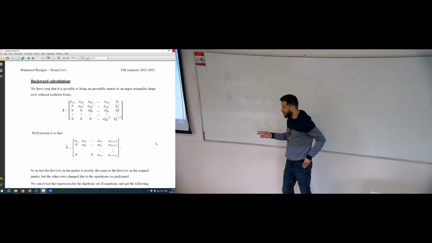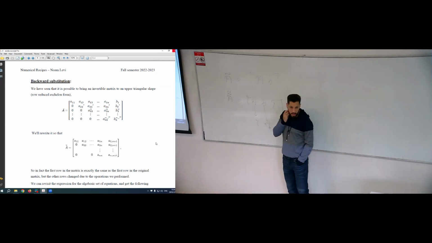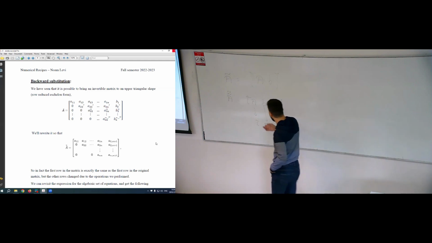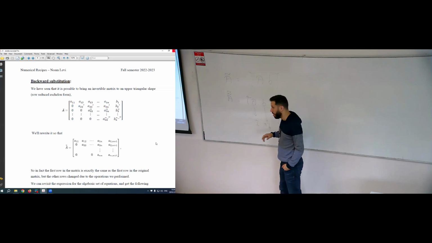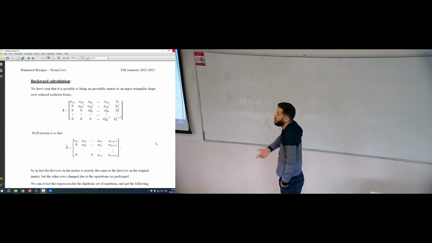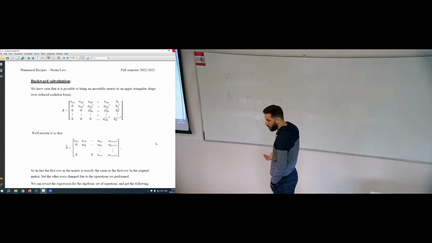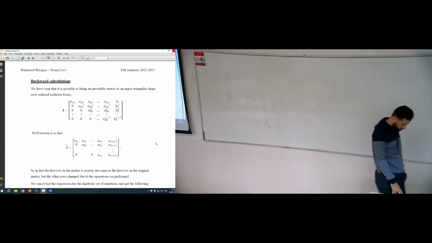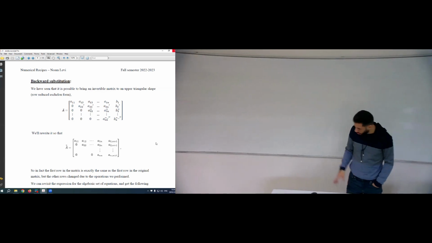And what's the reason that I don't use this immediately? It's also about cost. If A is very, very big, I will use only this, not this, because this will add many calculations. And if I don't need them, why should I do it? This is enough for me.